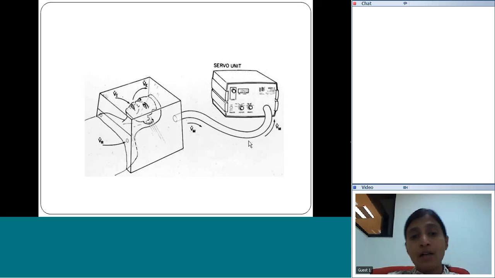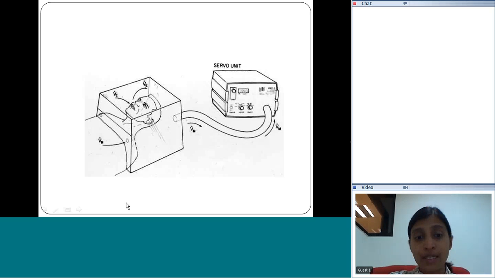You need an airtight chamber into which the patient breathes in and out, so that you know the concentration of oxygen in the inspired air. You calculate the concentration of oxygen in the expired air, and then you figure out how much oxygen the patient is consuming per minute. But in practical terms, this is not possible, particularly in our pediatric patients.